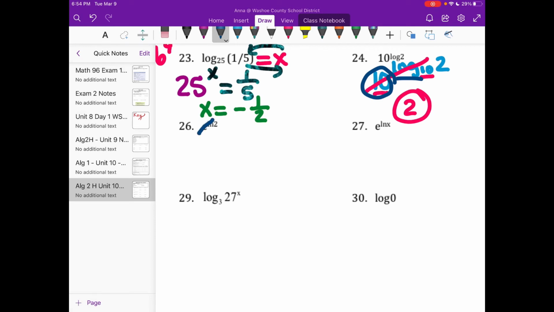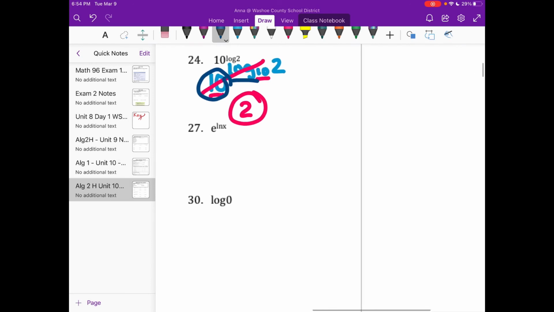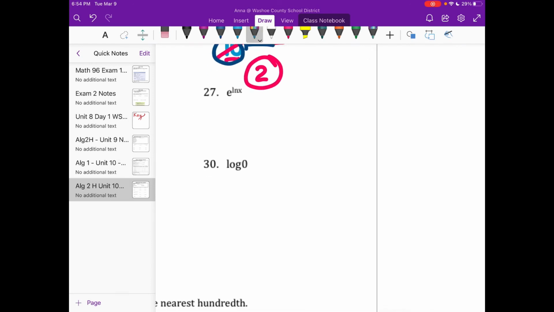So when that happens, you can just cross these out again and you're left with your exponent. Same thing with 27. I have e being raised to a power of ln. These guys are inverses of each other. Boom, they will cancel. So I will just have that x left. Kind of nice, right?